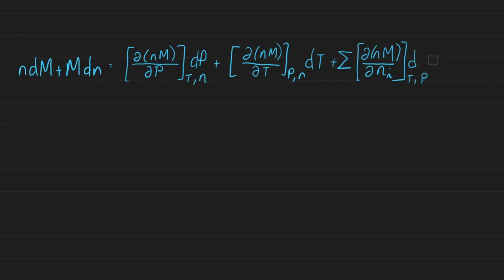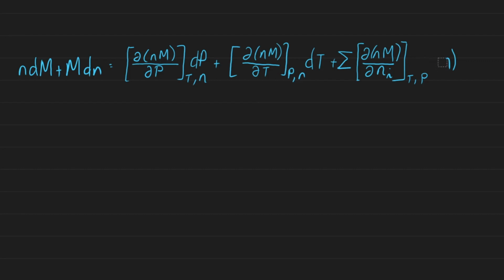We can replace that with x_i n, because n_i is essentially the number of moles of that particular component or chemical species. So it's basically the mole fraction, x_i, multiplied by the total number of moles of whatever is inside the system. So we can expand this out using the product rule as well, so it's d(x_i n) expanded using the product rule.